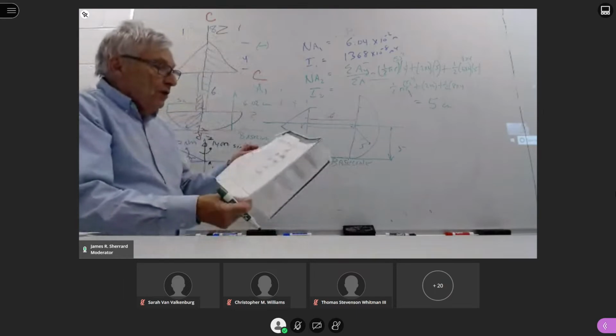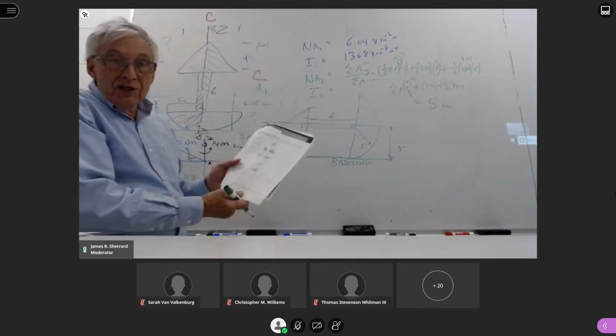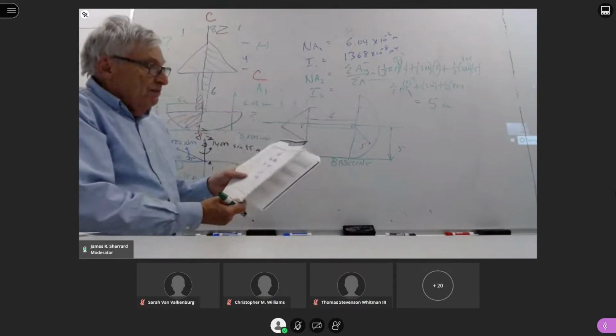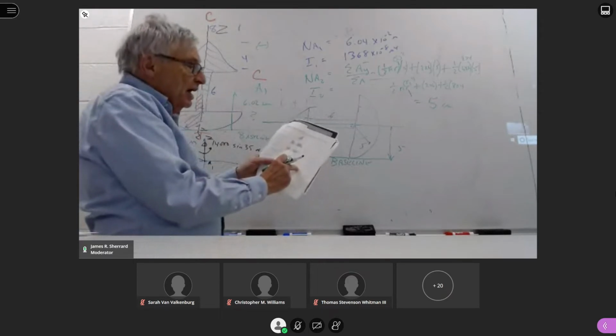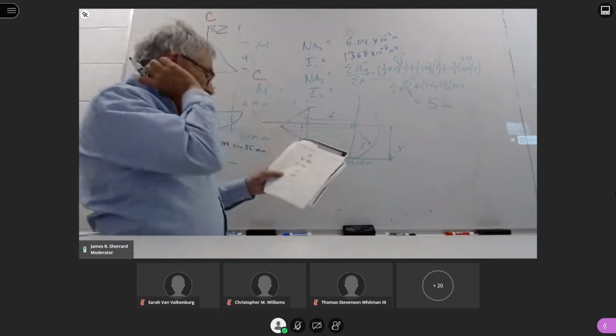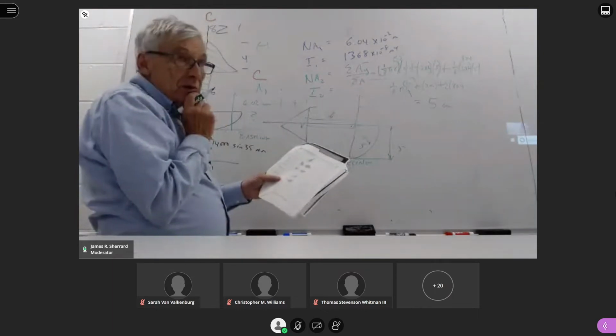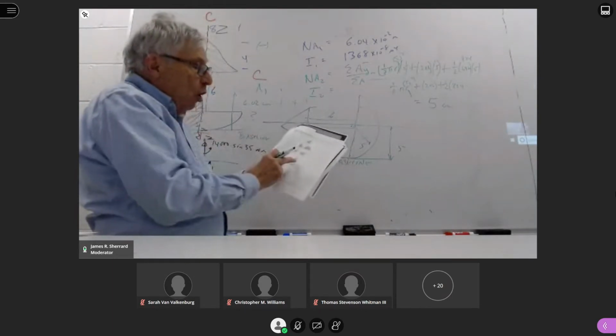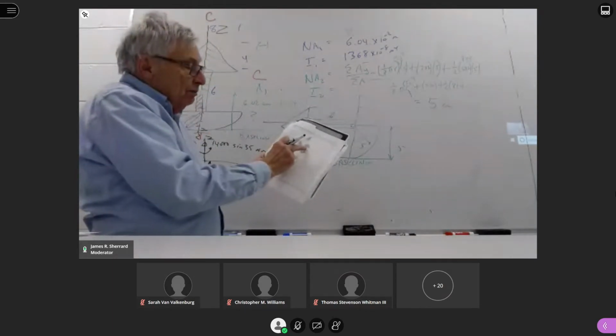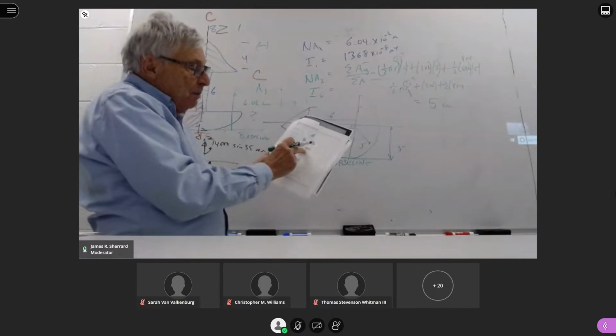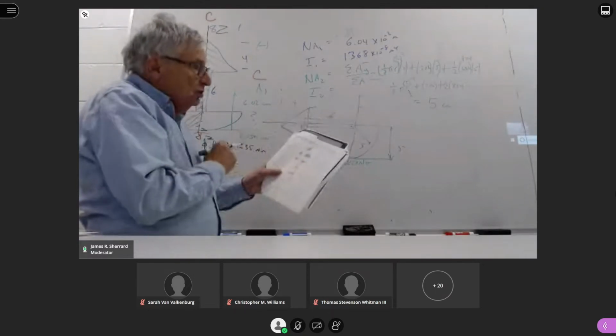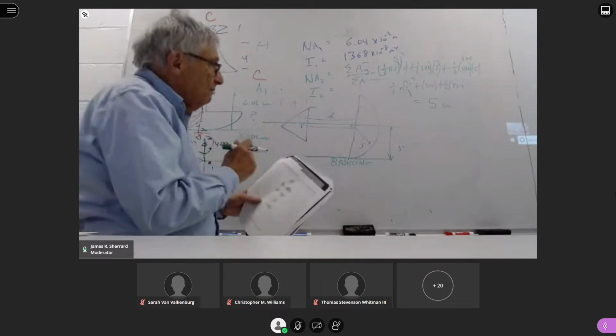All I would say is if you look on the second page of the handout that I sent to you a long time ago, and you look at these, they talk about an X bar, a Y bar, and an area for each shape. And it's all based around where a capital O or a 0 is, that they're taking all those values.